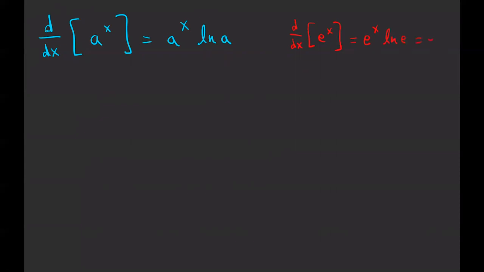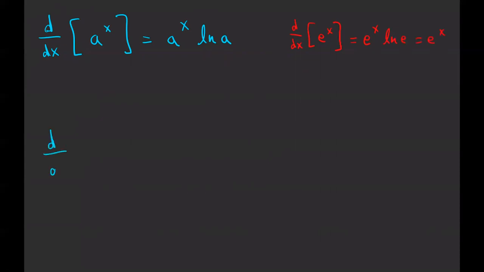So we've got d dx of a to the x is just a to the x ln of a. We have this special little case here, d dx of e to the x. It's still the same rule. It's e to the x ln e, but ln e happens to just be 1, so we just write that.